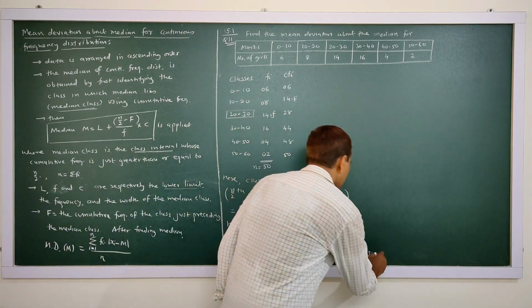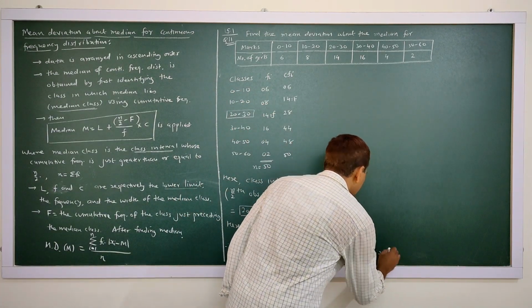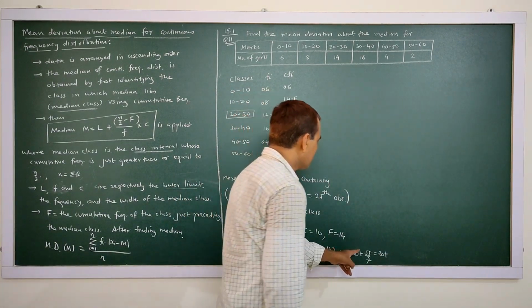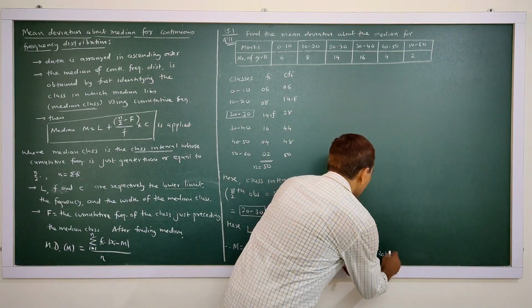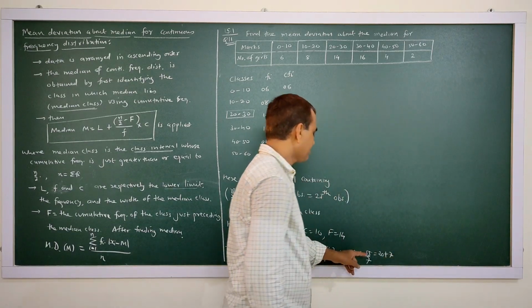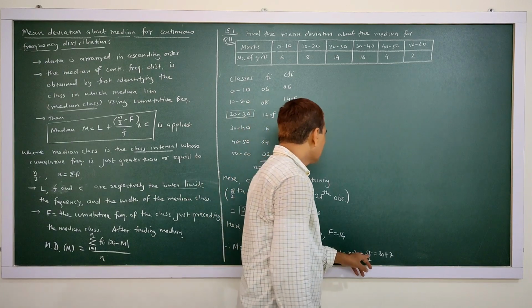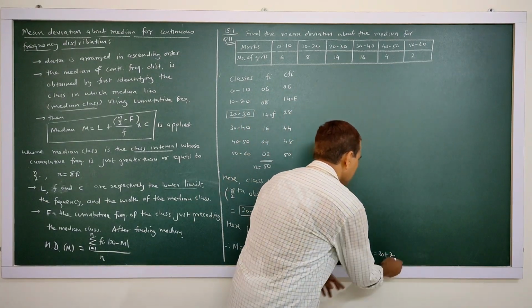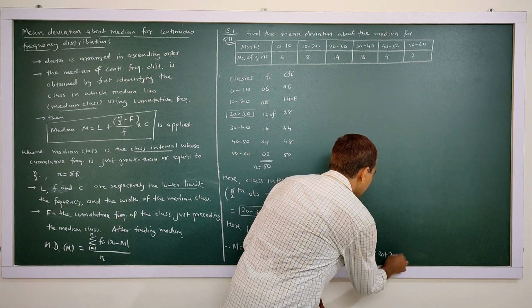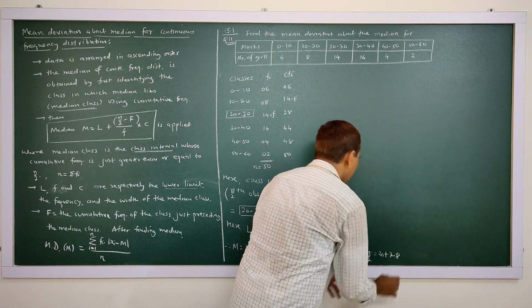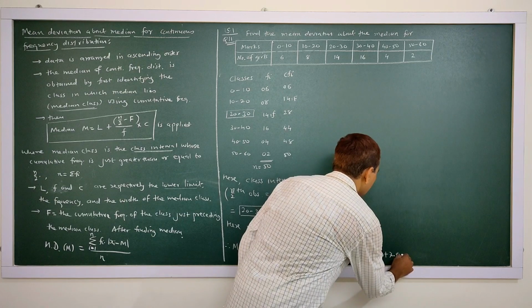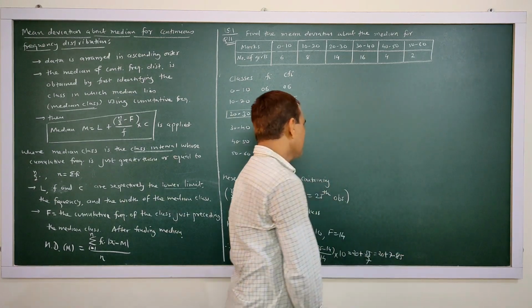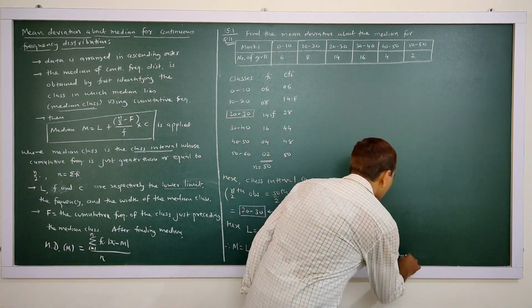So it is 20 plus, now 7 into 7 is 49, 6 is left, decimal point, 7 into 8 is 56, 4 is left, 7 5s are 35, so 27.85.